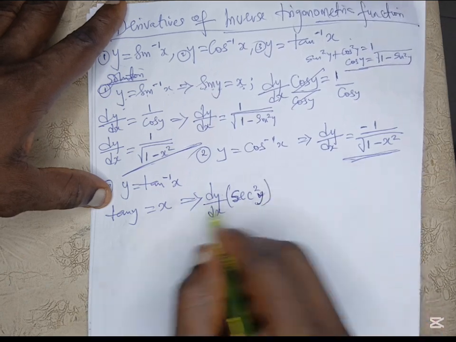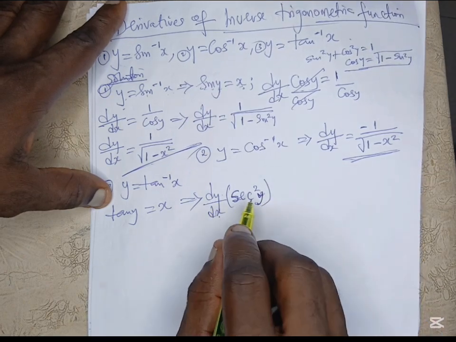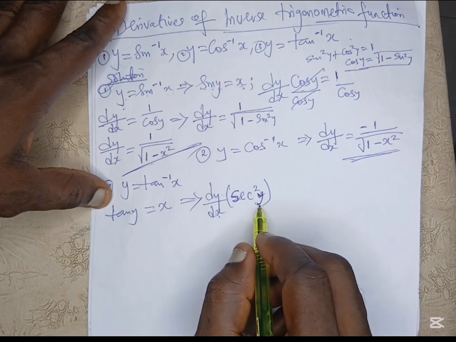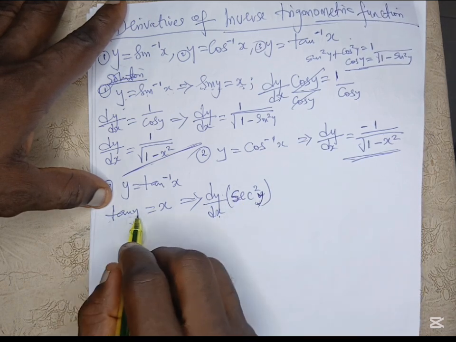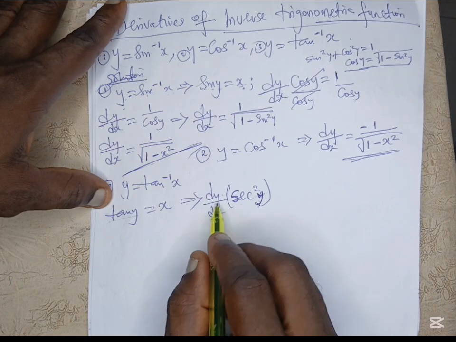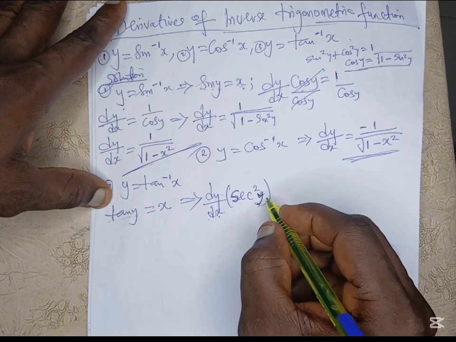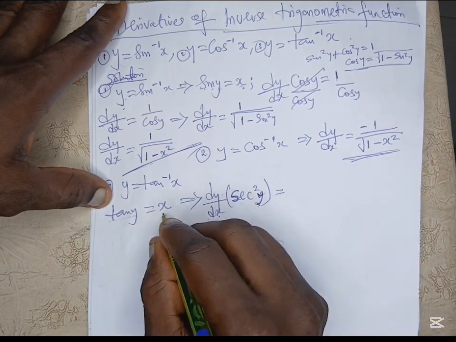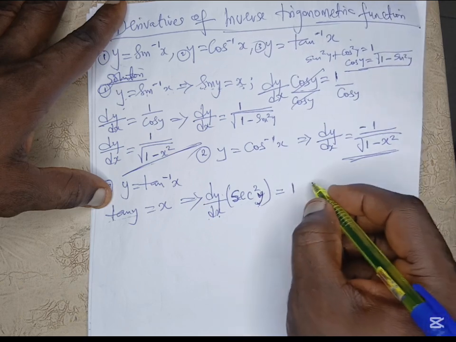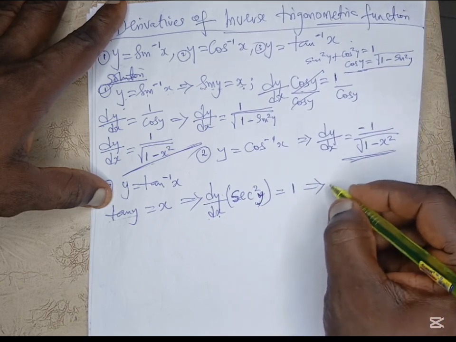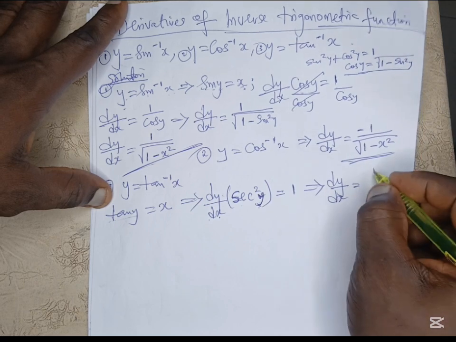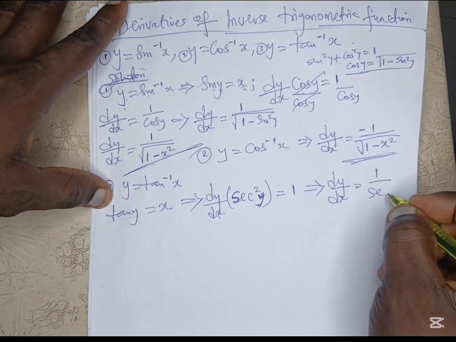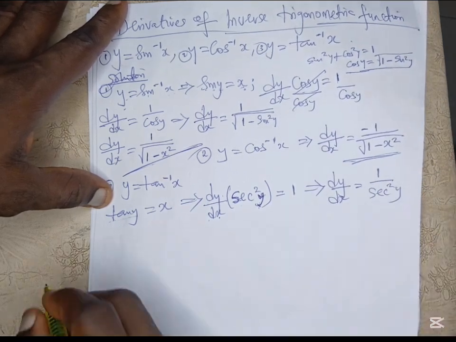There is always dy/dx attached to the term in y whenever you differentiate it. You add dy/dx, which is equal to the derivative of x, which is 1. Which implies that dy/dx is equal to 1 all over sec squared y.